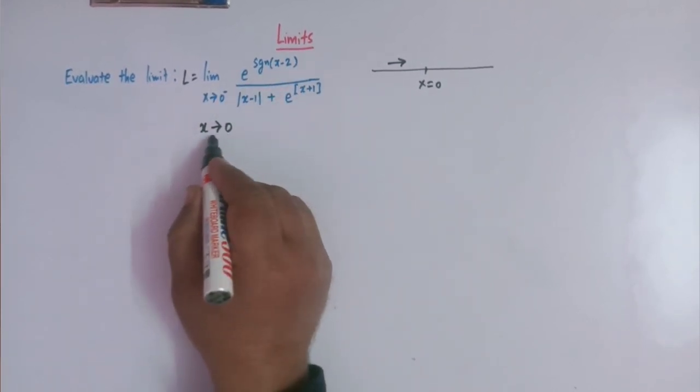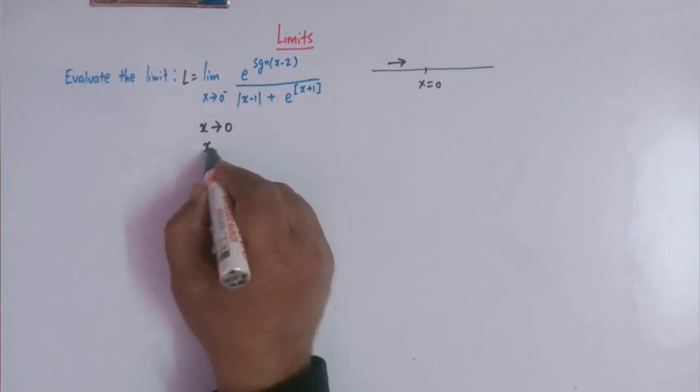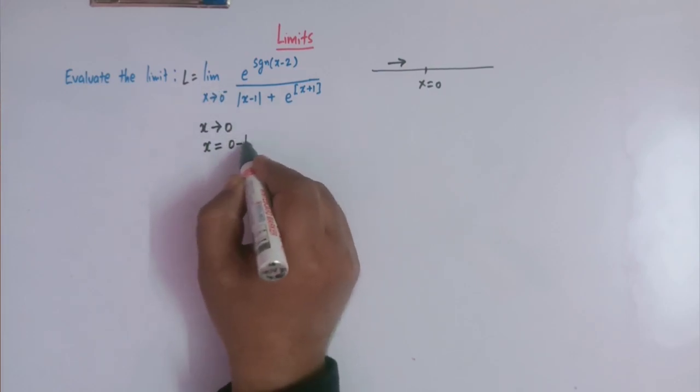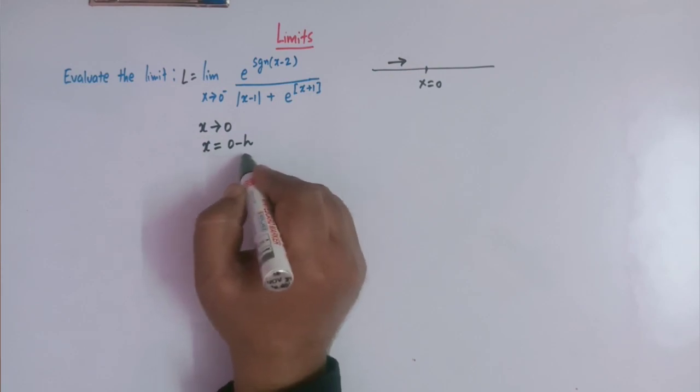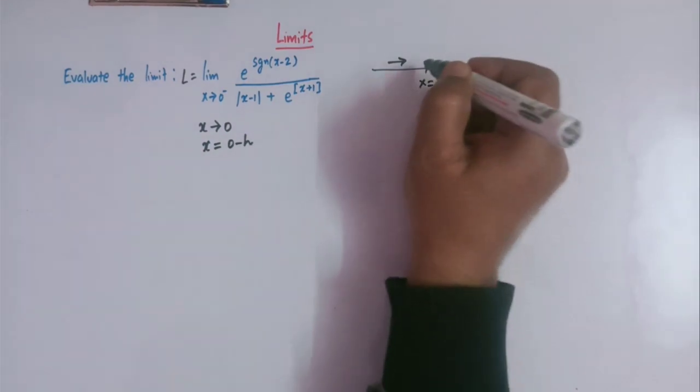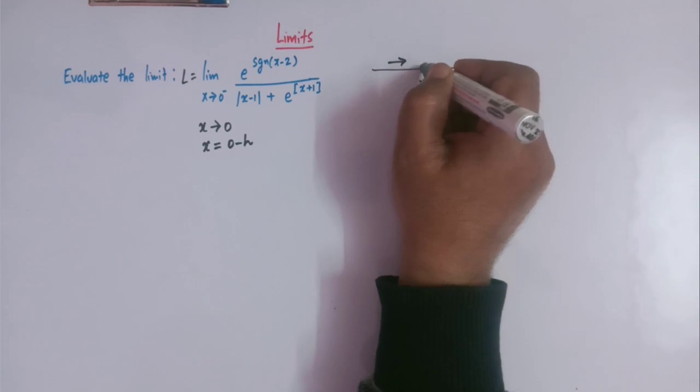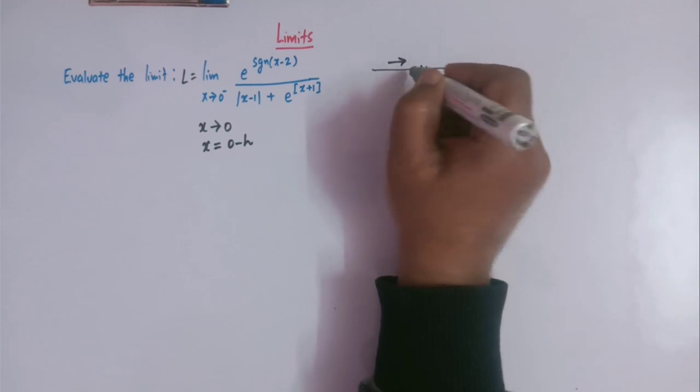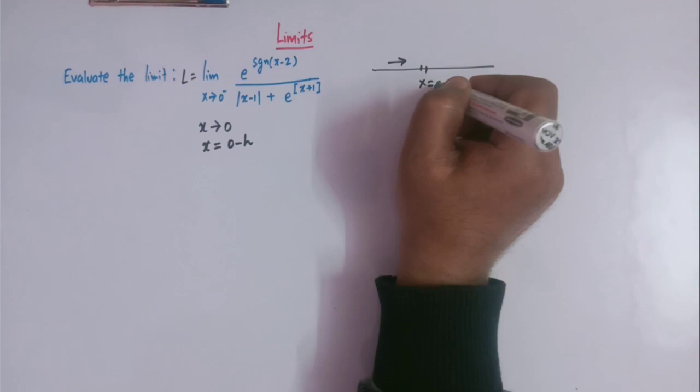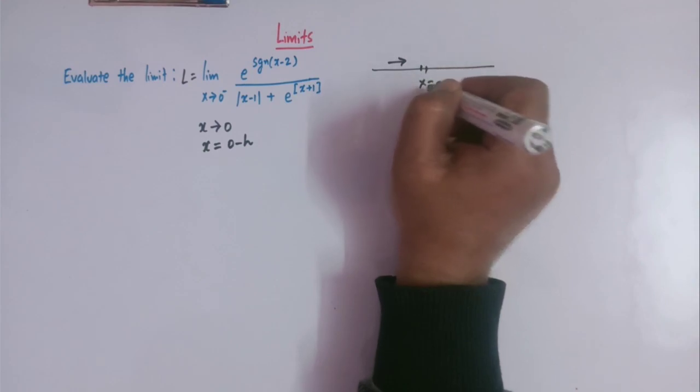So here we'll take a point 0 minus h, that is, we'll take x equal to 0 minus h, and this 0 minus h lies towards the left of x equal to 0, or in the neighborhood of x equal to 0.